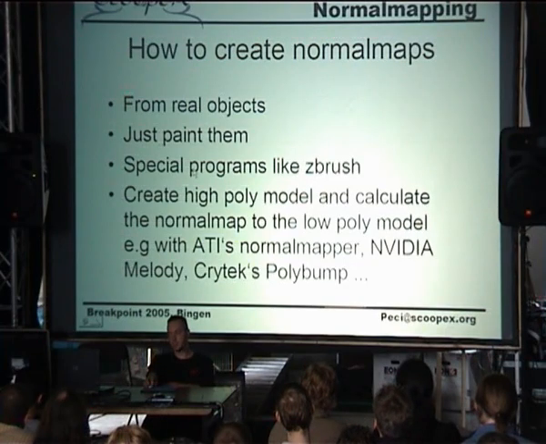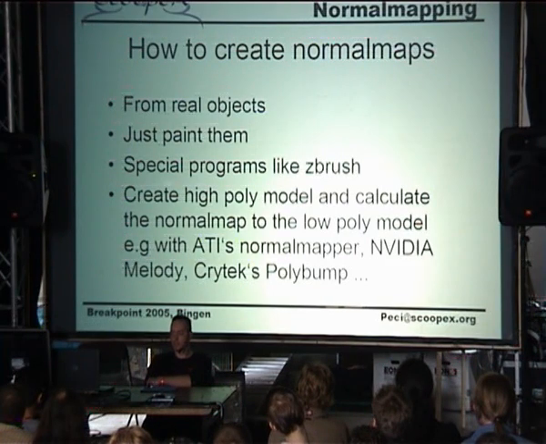Nowadays there are also special programs like ZBrush, where you can easily paint and create really high detail objects, and ZBrush has an option to directly export a normal map. But the most common technique people use is to create a high poly model and a low poly model in parallel, and then calculate the normal map from the high poly model onto the low poly model.